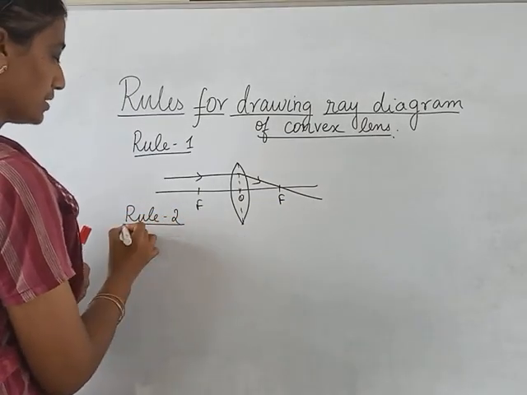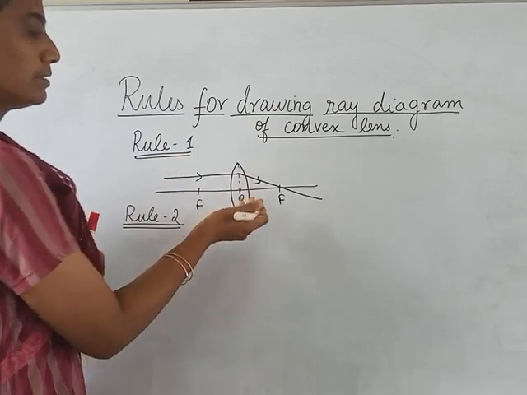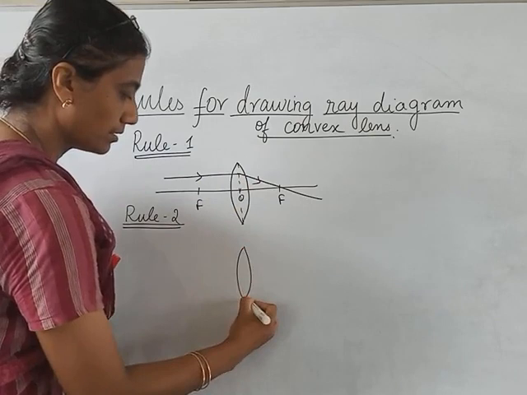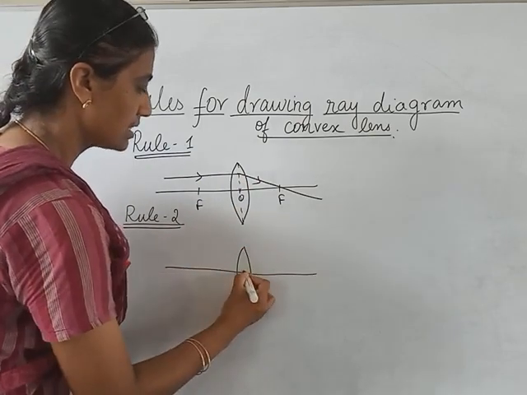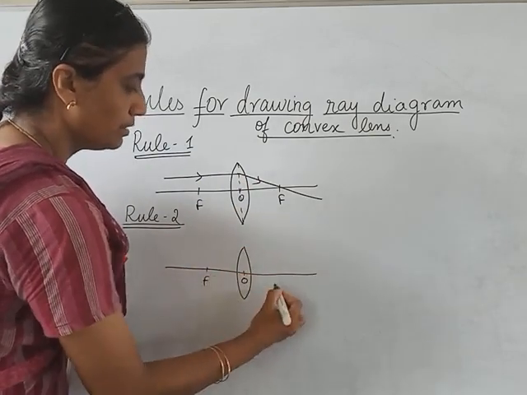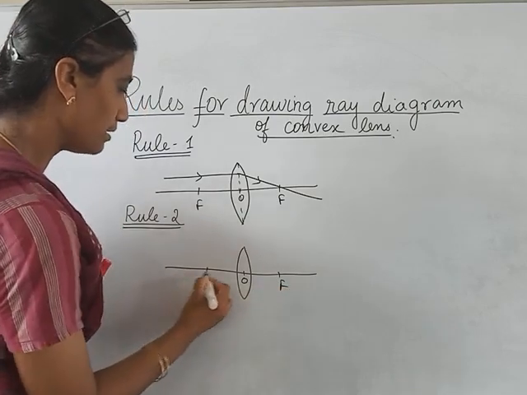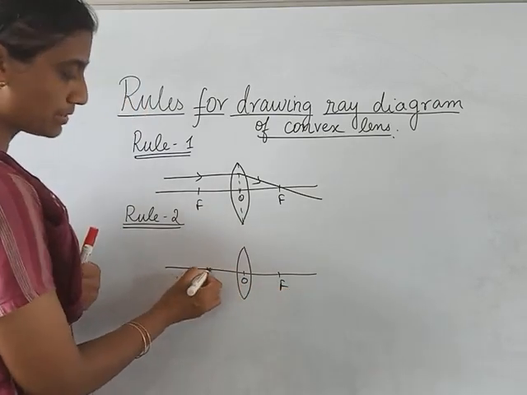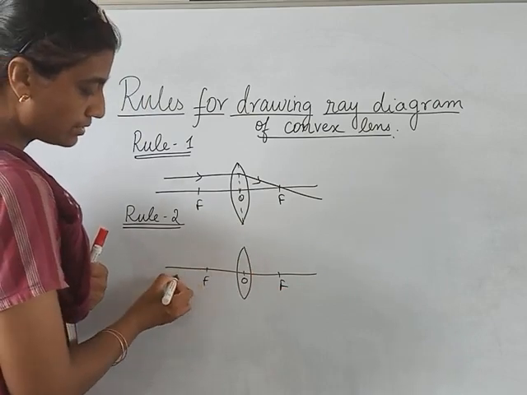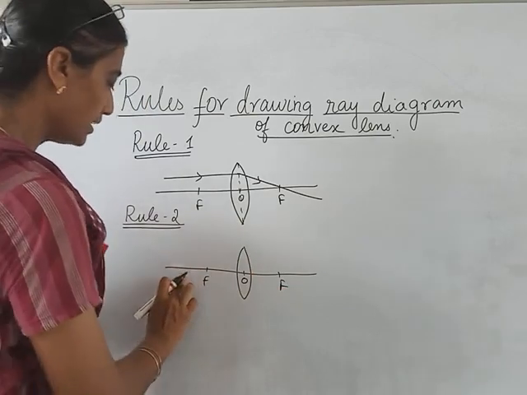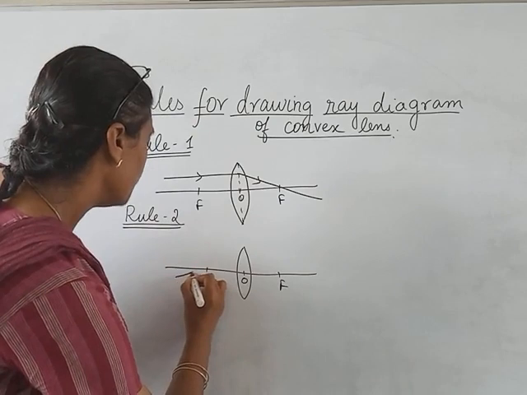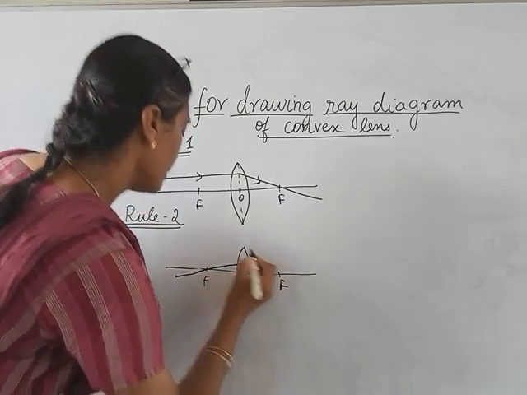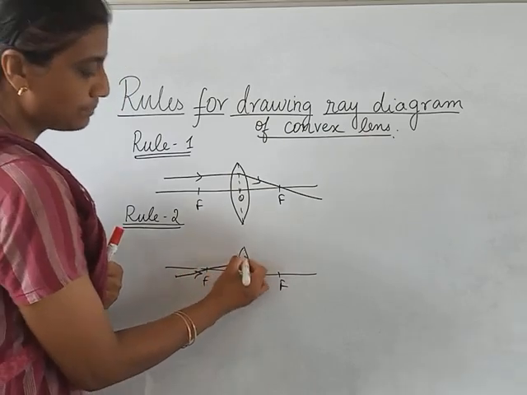Now rule 2 is like the converse of this. You have an incident ray coming in such a way that it is passing through the principal focus.